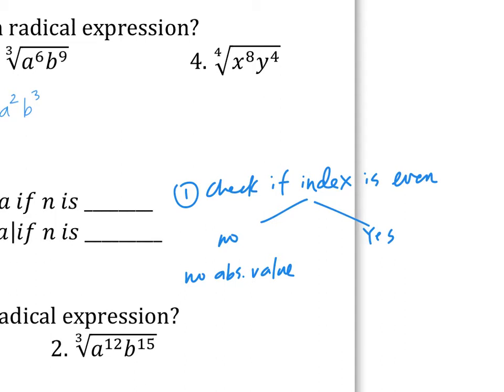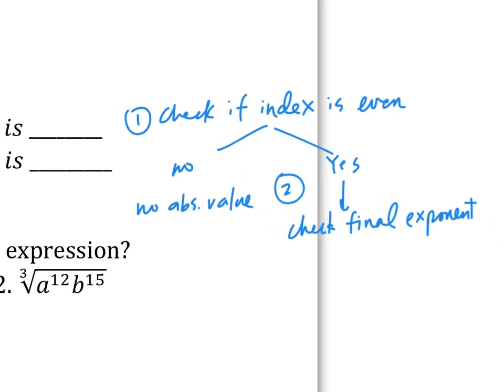If it's yes, step 2, check the final exponent. I'm going to try to put this on your test and quiz, like, please check this, please check this. I'm not going to tell you how to do it, but just a reminder, please check. Odd or even. If it's odd, absolute value. If it's even, no absolute value.